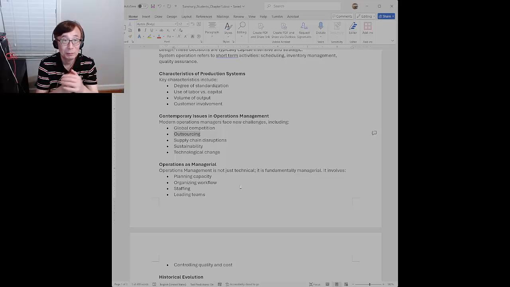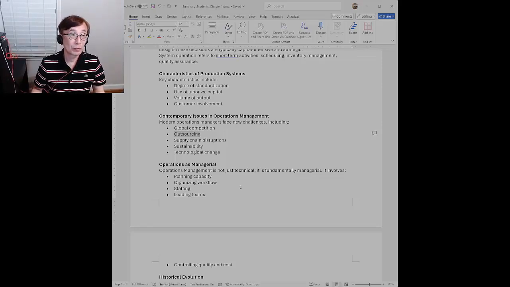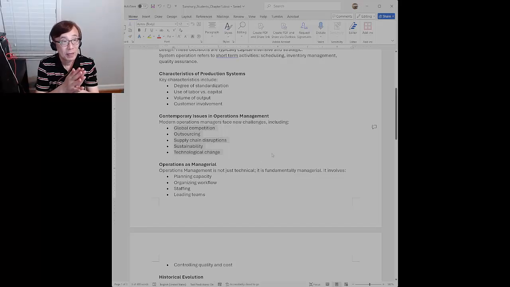But this again comes down to the budget and costs involved in bringing all those jobs back or creating factories in the States. Supply chain, that's another. Sustainability and technological changes. Those are some contemporary issues that have emerged in the last 10, 20 years, and still get talked about all the time.